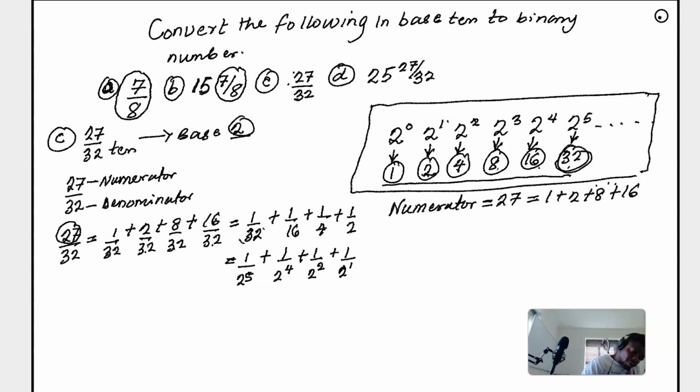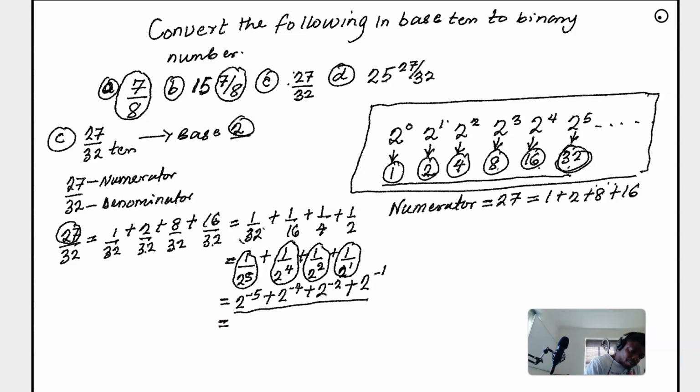So now I can write this one as 2 raised to the power minus 5, plus this one as 2 raised to the power minus 4, plus this one as 2 raised to the power minus 2, plus this one as 2 raised to the power minus 1. Now, let's rearrange this. I want minus 1 to start.